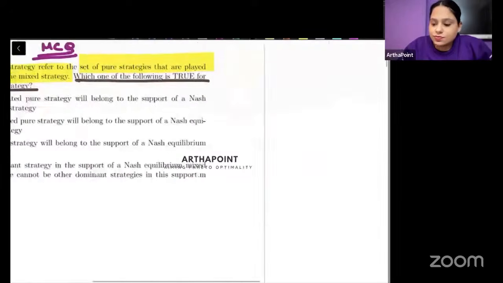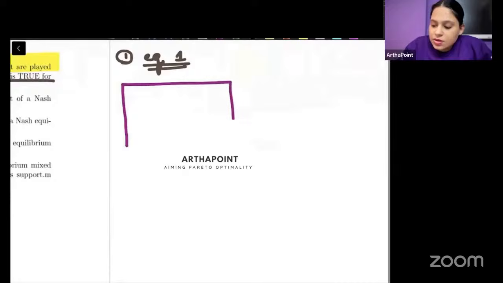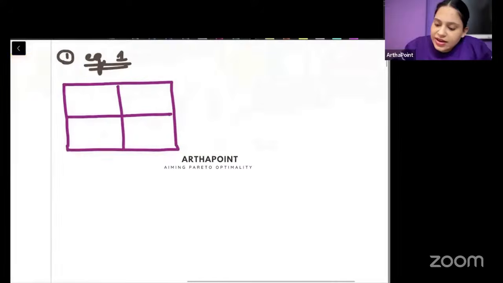Look at the first example. I have this example where I have a prisoner's dilemma, and suppose I take these payoffs.